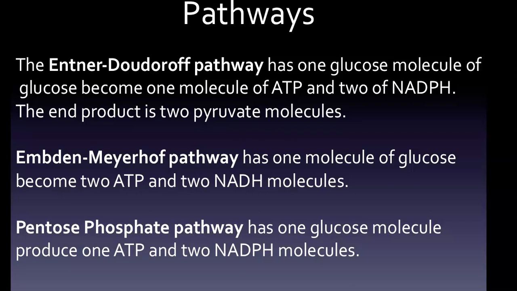The Embden-Meyerhof pathway has one molecule of glucose becoming two ATP and two NADH molecules, while the pentose phosphate pathway has one glucose molecule produce one ATP and two NADPH. So you can easily be tested on the differences between these three, and so you want to commit that to your memory. And then what we said, glycolysis.